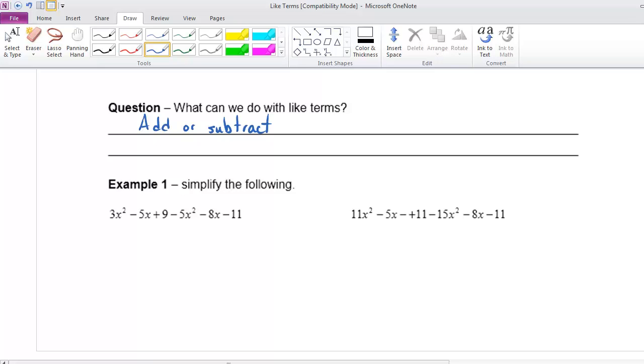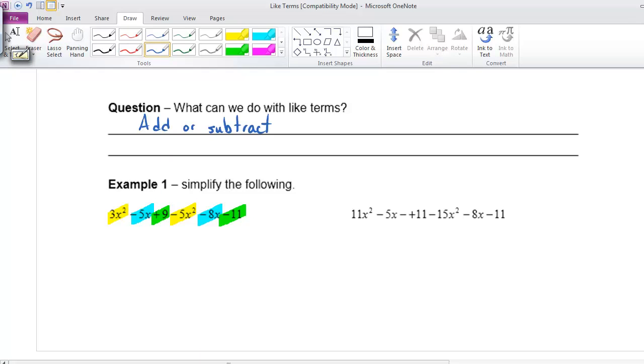So again, I try to make it easier on my brain where I look and I go, okay, there's an x squared term. Do I have another x squared term? And here I do there. And I'm going to highlight it in yellow. I notice that I have just an x term. Do I have another just an x term? And I do right there. And then finally, here's my numbers, and here's another number. And what I can do is I can combine those because they are like terms.